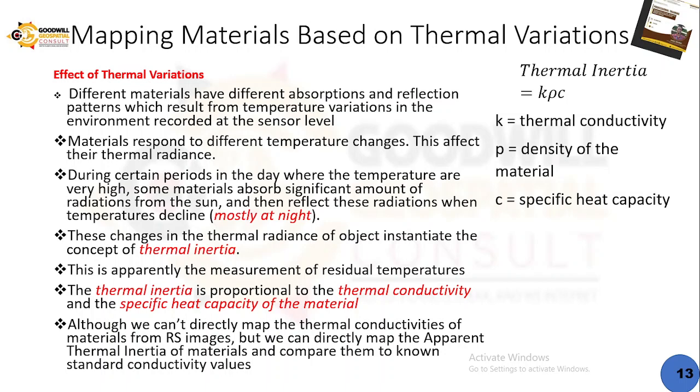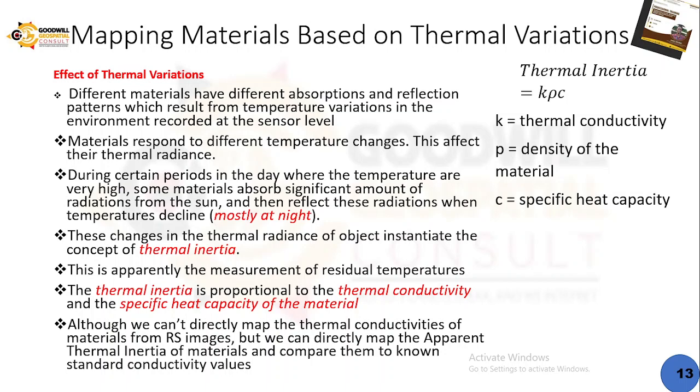So different materials have different absorption and reflection patterns, which result in thermal variations, precisely in the environment where it's being recorded at a sensor level. Materials correspond to different temperature changes. This affects their thermal radiance.